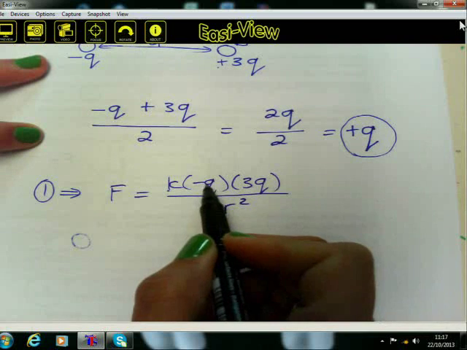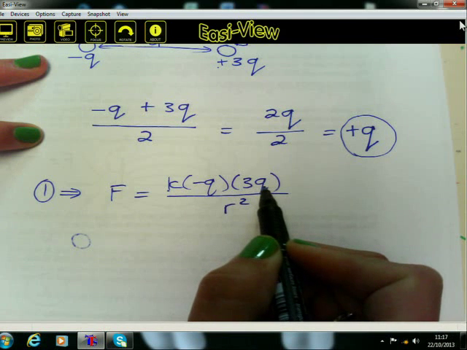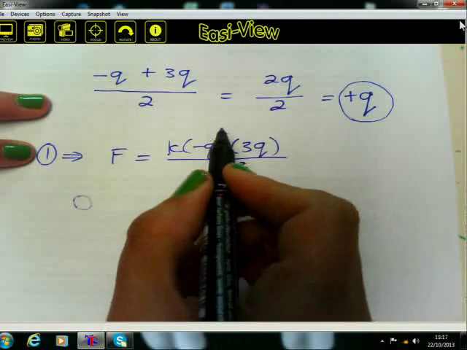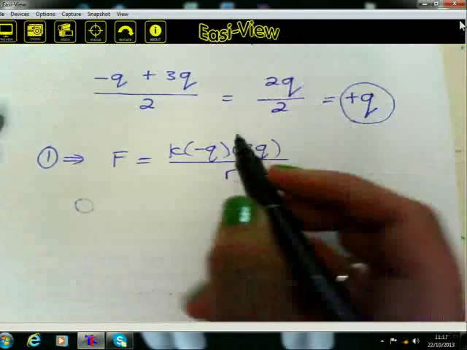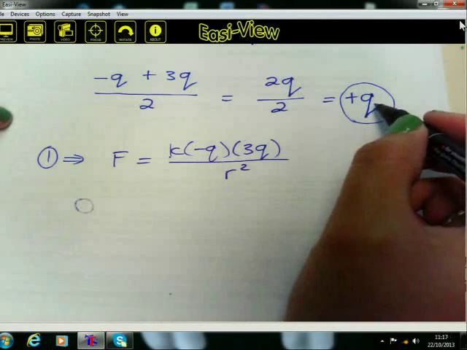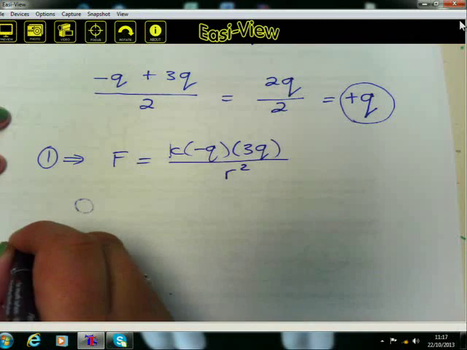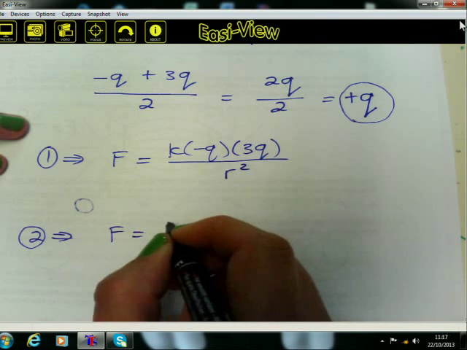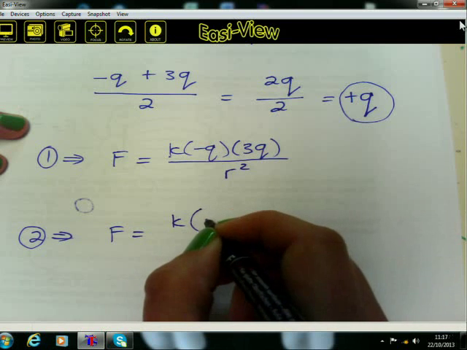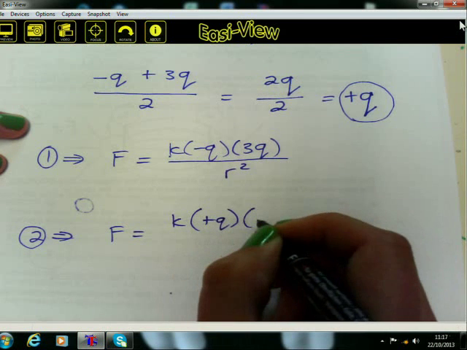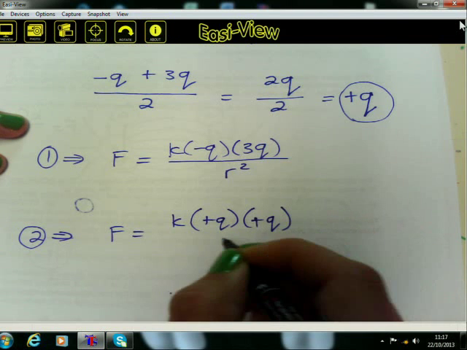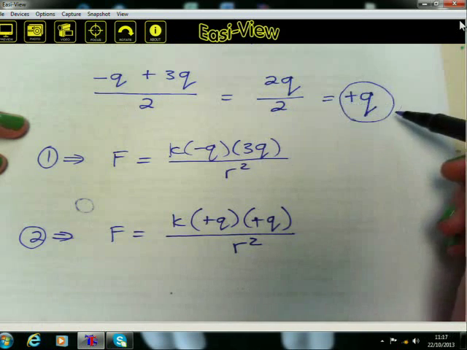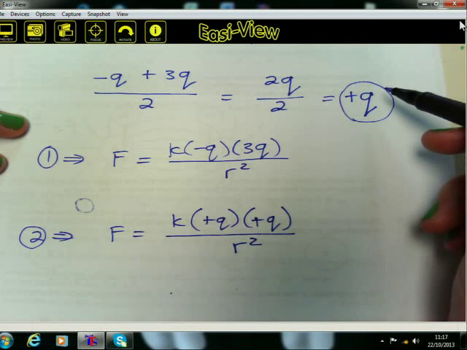We don't have the minus q and the 3q anymore. We have changed that now because we've touched the two objects and both now have a charge of plus q. So let's go and substitute that. F equals plus q times plus q over r squared, because both have the same charge now of plus q.